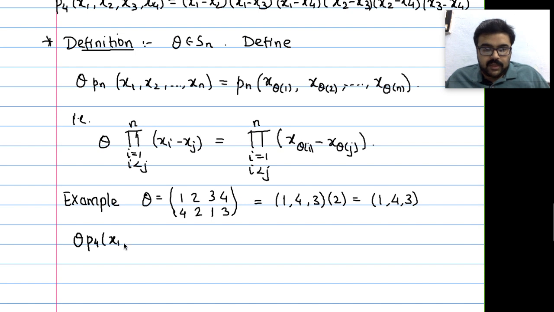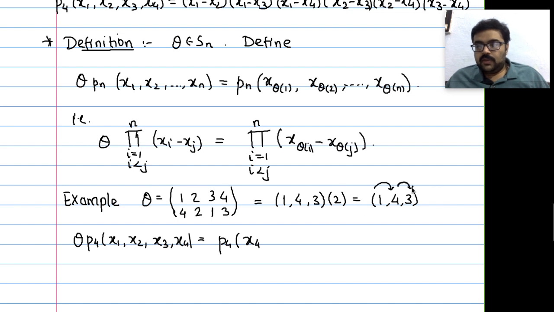Theta of P4, in x1, x2, x3, and x4, is going to be P4 where, instead of x1, we have x4, because x of theta of 1. What is theta of 1? Theta of 1 is 4, theta of 4 is 3. So instead of x1 we have x4.